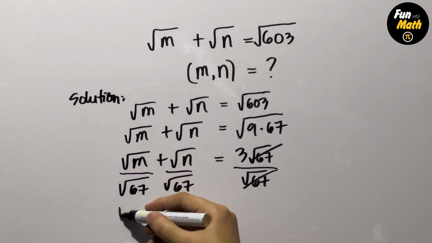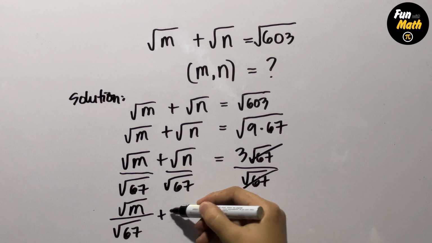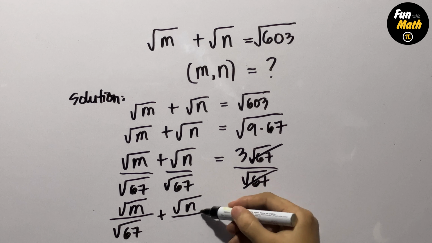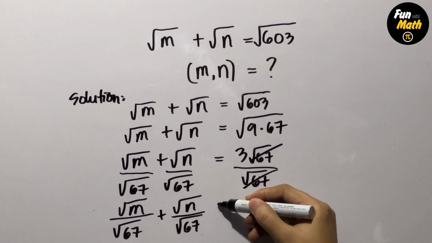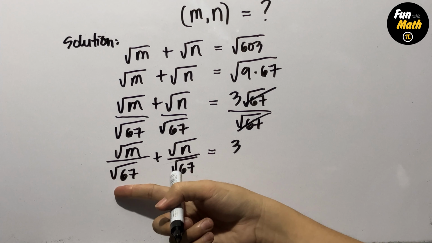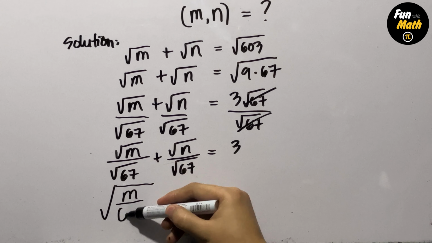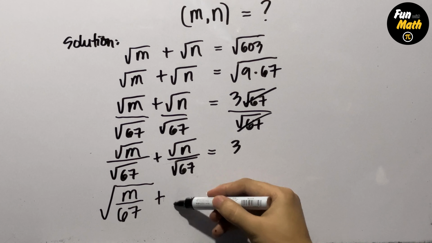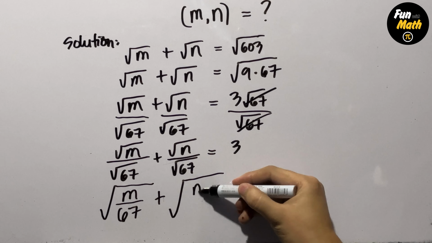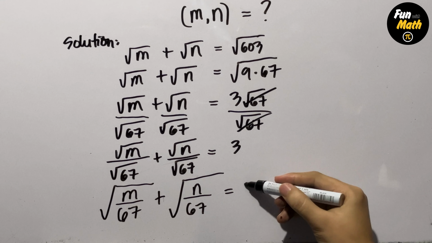So we have square root of m over square root of 67 plus square root of n over square root of 67 equals 3. Now next is, we can write it as square root of m over 67 plus square root of n over 67 equals 3.